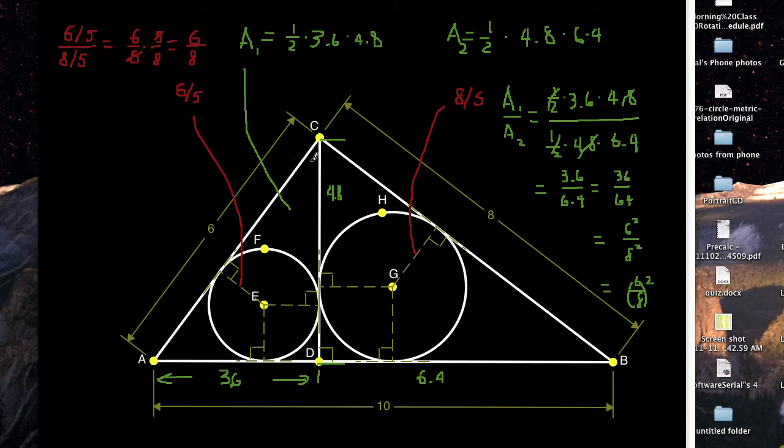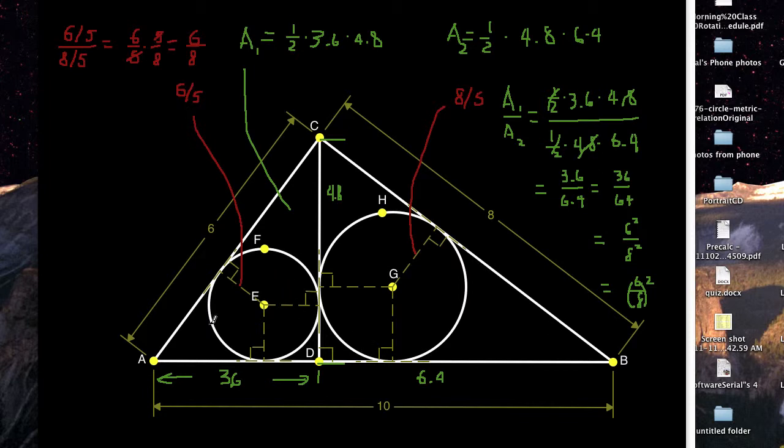If the similarity ratio between the sides is 6 divided by 8, the areas of the figures are going to go by 6 over 8, but squared.